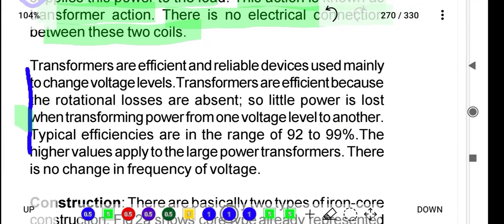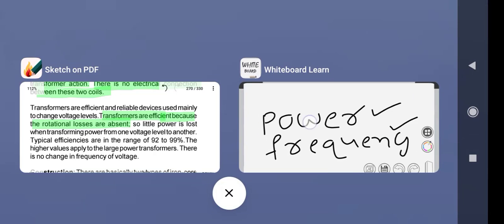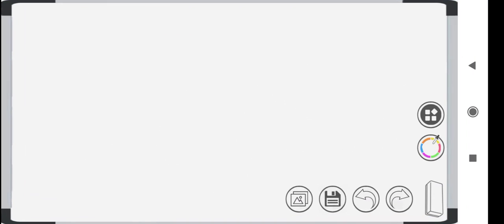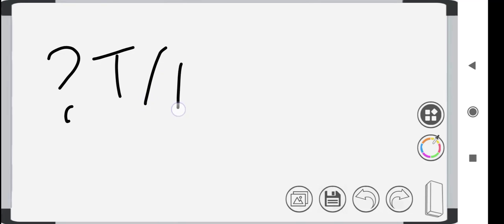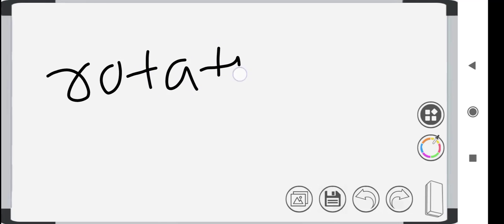Transformers are efficient because the rotational losses are absent. This is a very important point.